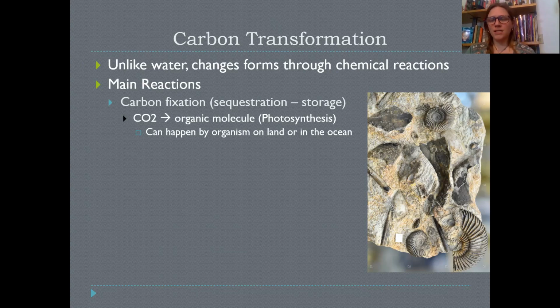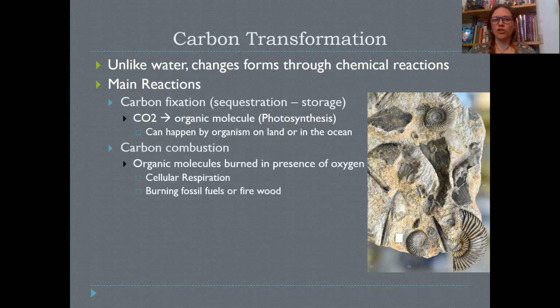So that process of turning inorganic carbon in the gaseous form, carbon dioxide, into an organic compound is called carbon fixation or carbon sequestration.